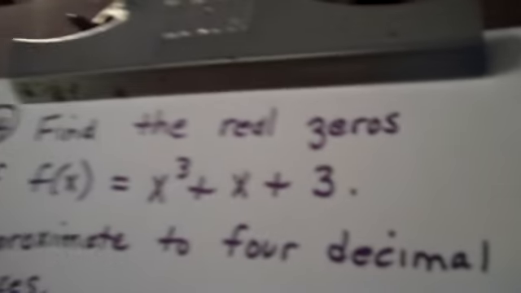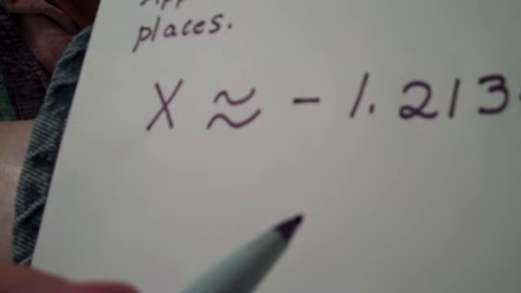It says the zero of the function is, and this is where I get my answer, x is approximately, and it wants my answer to 4 decimal places, x is approximately negative 1.2134. And that is my approximation.